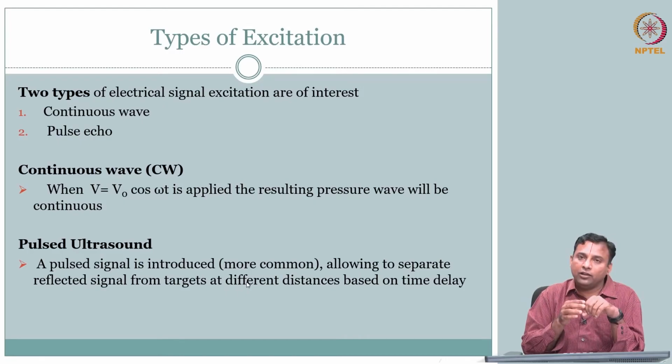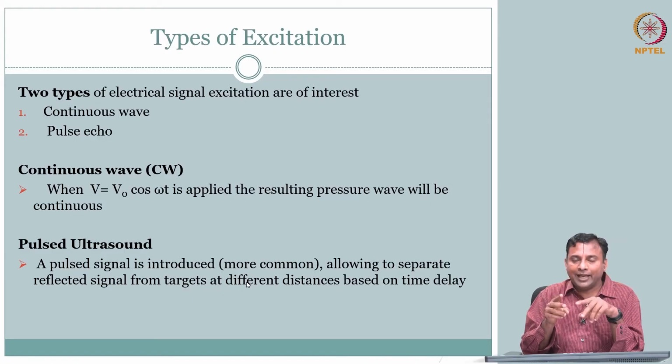So based on when you sent the pulse and when you receive the pulse, right, when and how much you receive the pulse, you can comment about where the boundary is. Because I know the velocity, right? If I assume my velocity in the medium, I know when I am sending it, when I am receiving it.